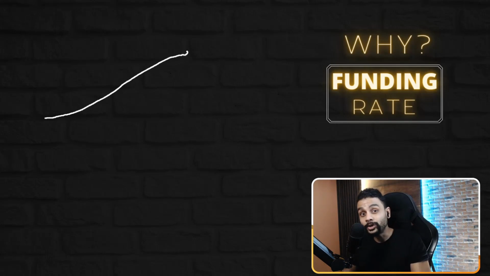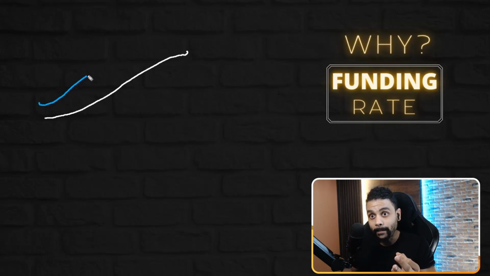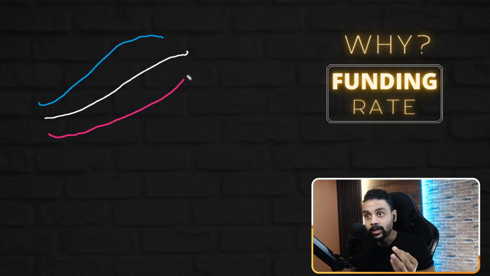Now you're going to notice that on the futures market, the price is either going to move like this above the price of the spot market, or it's going to move underneath the price of the spot market. So it's either going to be trading at a premium to the spot market or at a discount to the spot market.